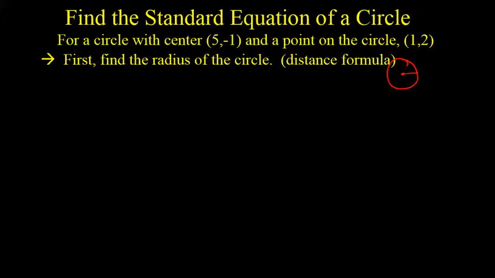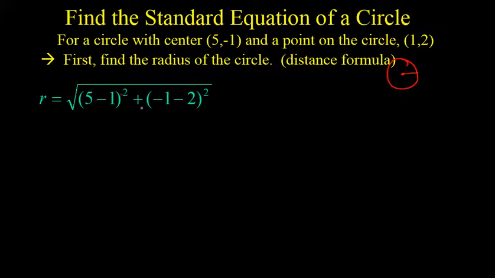Yes, we do. And it's the distance formula. x2 minus x1 squared plus y2 minus y1 squared. Okay, so we got to do that. Here's my x1 minus x2, 5 minus 1. y1.